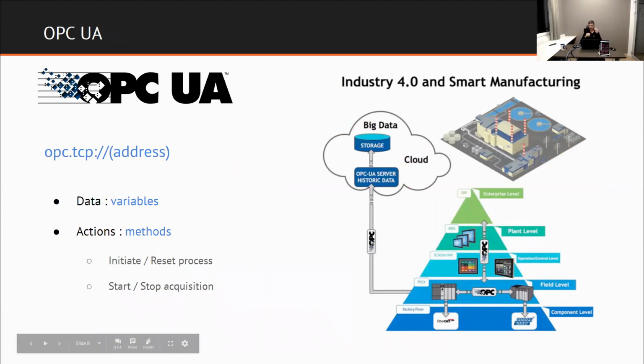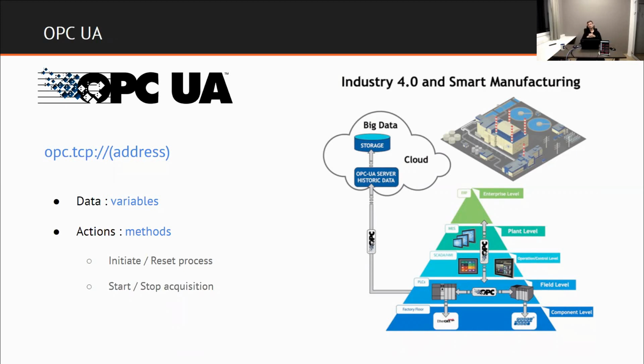OPC UA is a communication protocol and platform, which enables your industrial devices, PLC, data acquisition units, sensor networks, Linux gateways, to freely collaborate in complex tasks. It is an open standard, platform independent, so it can be run on Windows, Linux, Mac, Android.